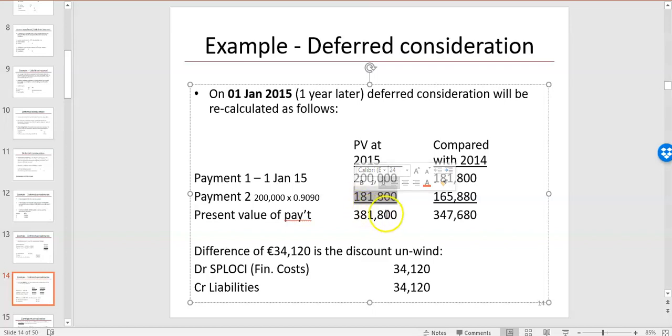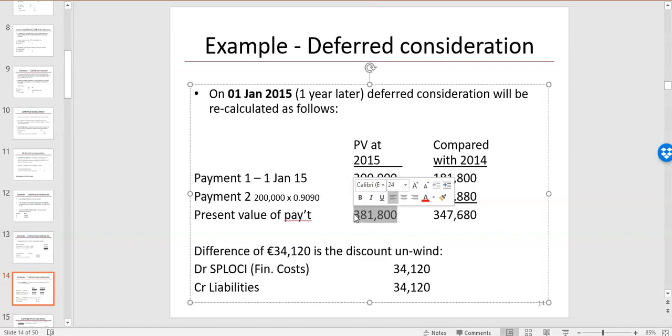So you revalue the deferred consideration at the end of each year because you're closer to making the payments. So the present value have gone up. So where it was initially recognized at the start of January at 347, the deferred consideration now should be recognized at 381 because you're getting closer to the payment dates. And that means you're unwinding the time value of money discount.